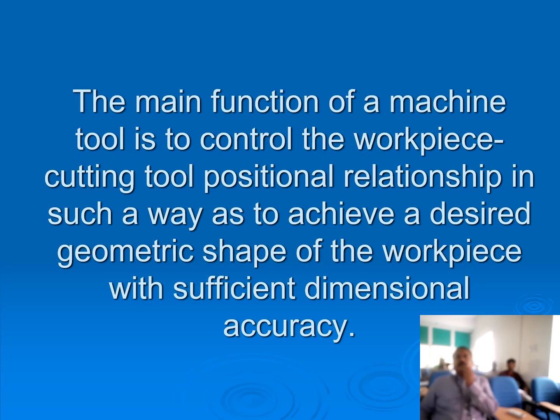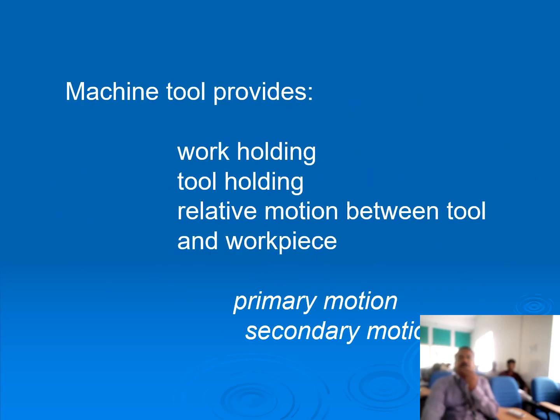The main function of a machine tool is to control the workpiece and cutting tool positional relationship in such a way as to achieve a desired geometric shape of the workpiece with sufficient dimensional accuracy. The machine tool provides work holding, tool holding, and relative motion between tool and workpiece: primary motion and secondary motion.